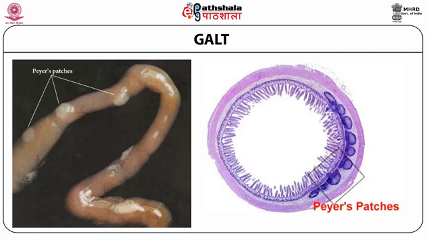M cells have the unique ability to sample an antigen from the lumen of the small intestine and deliver it via transcytosis to antigen presenting cells and lymphocytes located on their basolateral side. The Peyer's patches, as we mentioned, are aggregates of lymphocytes which appear as pale patches on the gut wall.